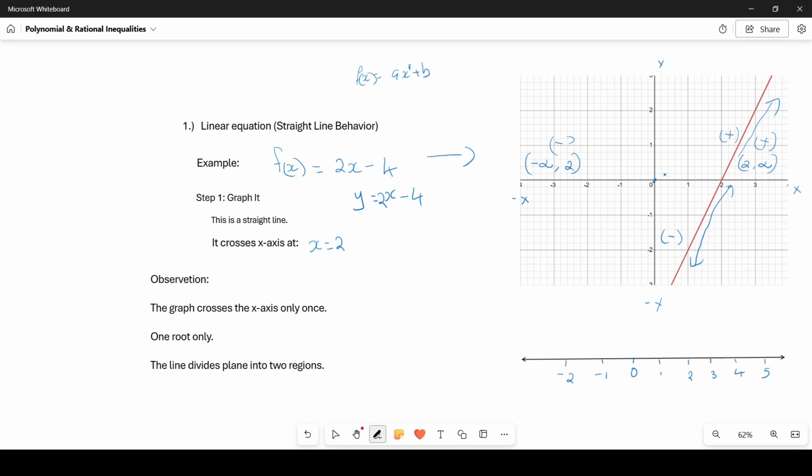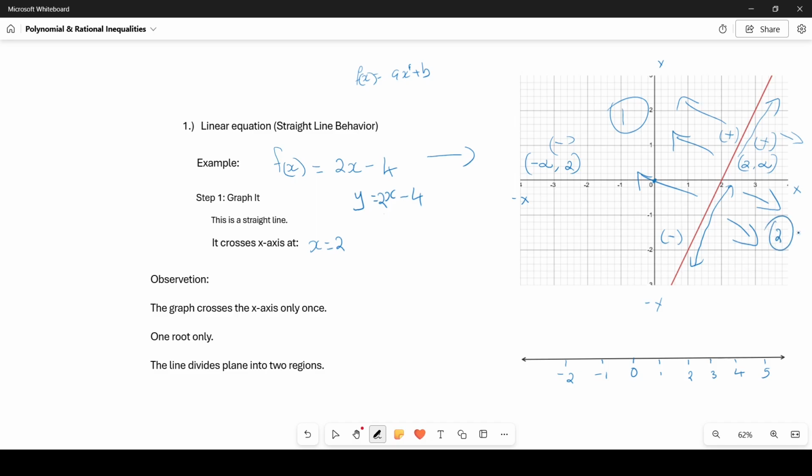Then what else can we understand from this graph? The line divides the plane into two regions. Assume that this is a graph paper. When we draw a straight line like this, the line cuts the paper into two. The region on the left side of the graph is region 1, and the region on the right side of this red straight line we call region number 2.